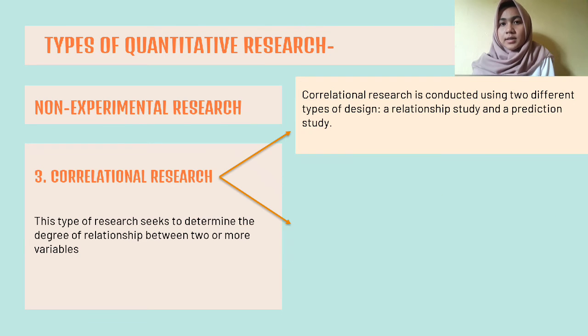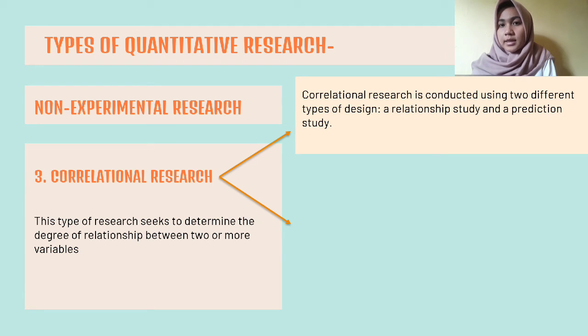The next one is correlational research. This type of research seeks to determine the degree of relationship between two or more variables. Correlational researchers are interested in studying only one group of individuals on two or more variables that are not manipulated or controlled by the researcher. The variables are examined to determine whether they are related.